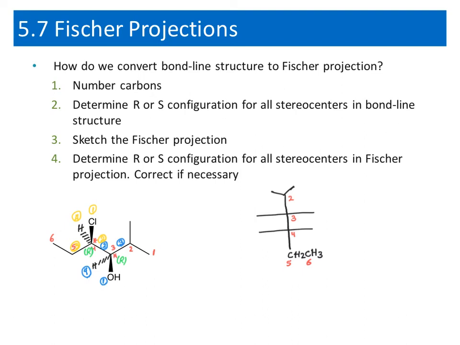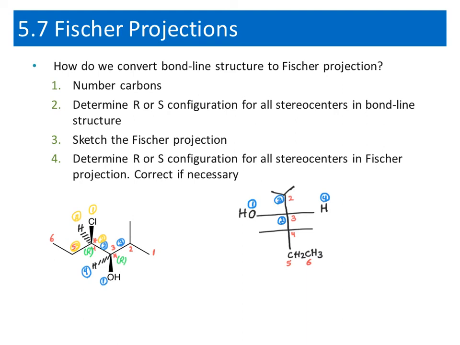So let's start with carbon 3. To carbon 3, I have OH and hydrogen attached. So I'm going to put OH here and hydrogen here. So you can randomly just do it. Now let's figure out the configuration. Oxygen is number 1, hydrogen is 4, this group is 2, and isopropyl is 3.